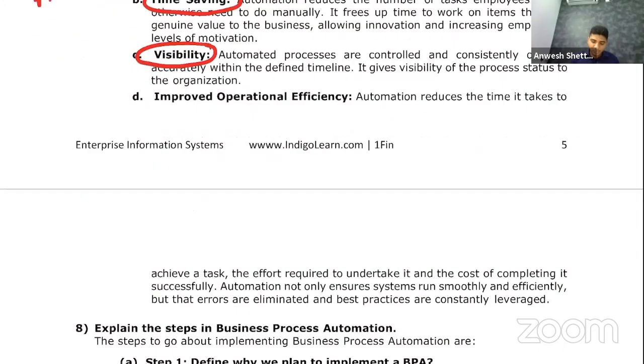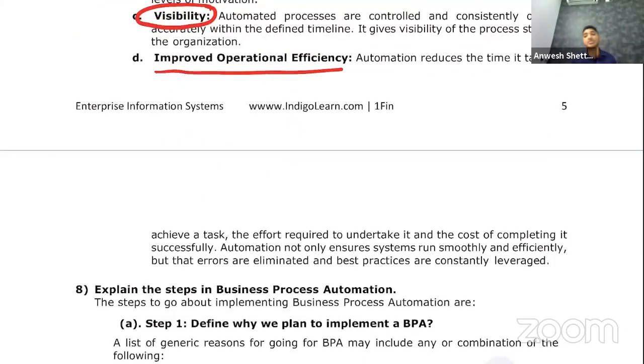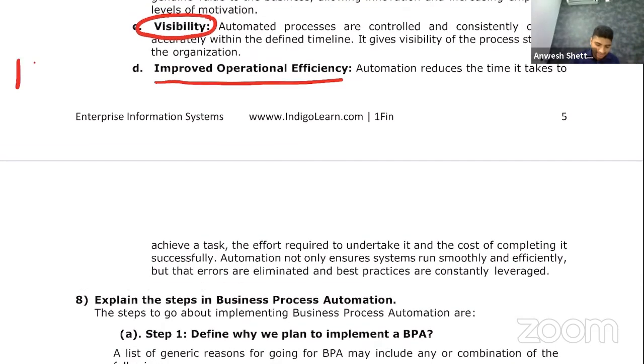Next one is improved operational efficiency. This is very interesting. Earlier days, if I'm talking about a bank, in a day, let's say 100 customers walk into the bank. Out of these 100 customers, let us say 80 people would simply go to draw money or deposit money. As simple as that. So a repetitive task.